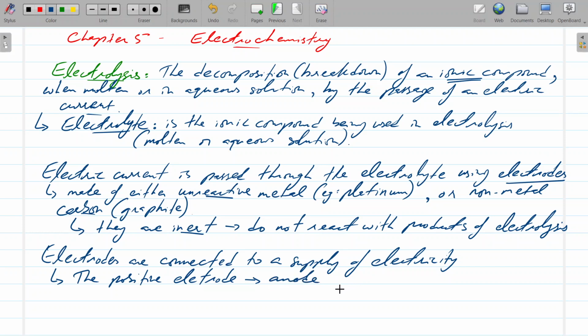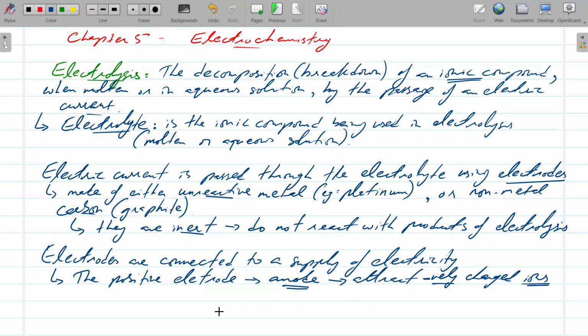And we also know that opposites attract, so positive and negative will attract. If this is the positive electrode, it's going to attract the negatively charged ions, because we're talking about ionic compounds.